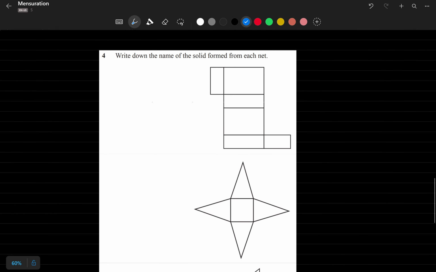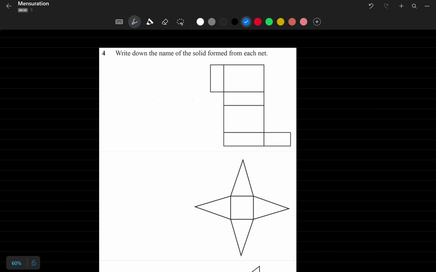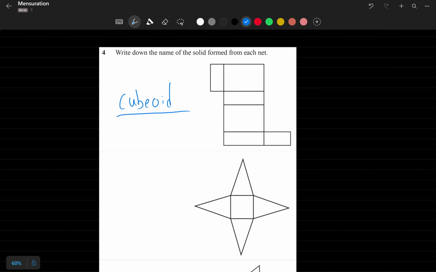Moving on, write down the names of solid forms from each net. Okay, so the first shape is a net of a cuboid. Simply if you cut out this shape and make a 3D shape out of it, it will form a cuboid.